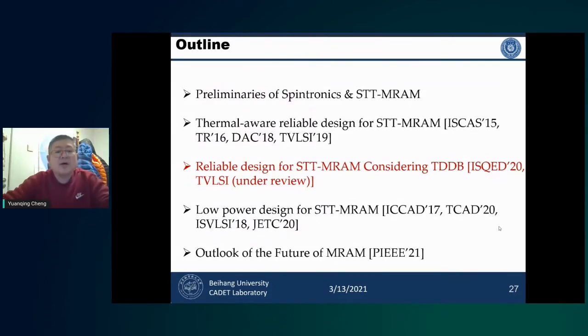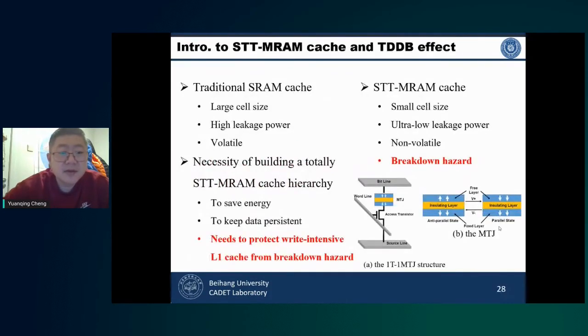Now, I will introduce the reliable design considering the dielectric breakdown problem. In the STT-MRAM cache design, we have one scenario: due to the emergence of edge computing and ultra-low power design, we may require a total non-volatile microprocessor.